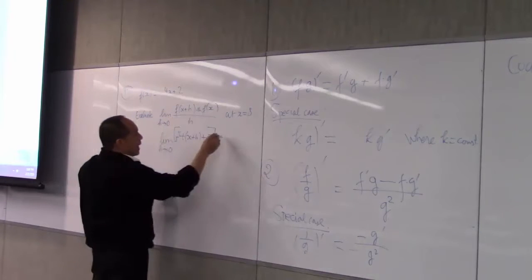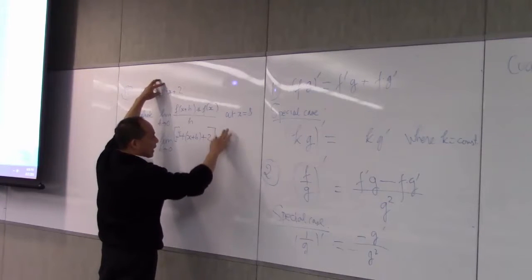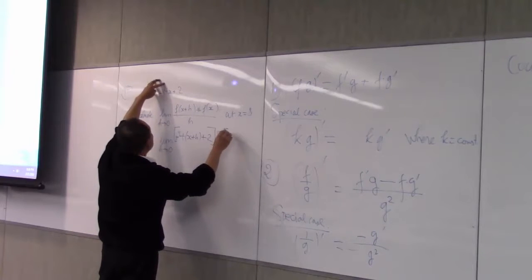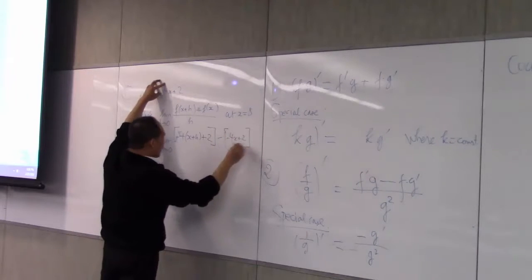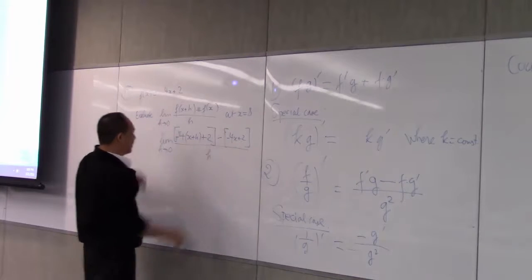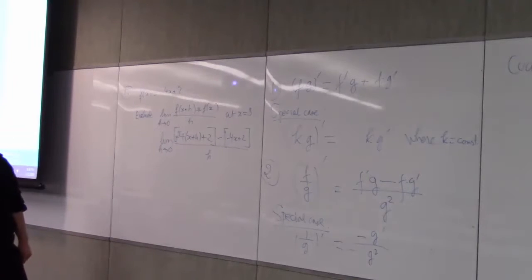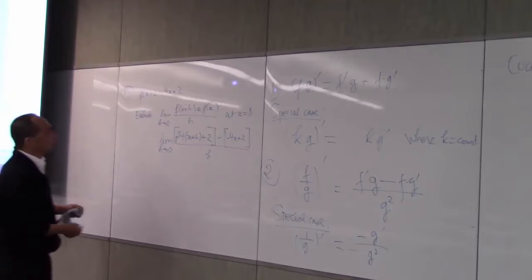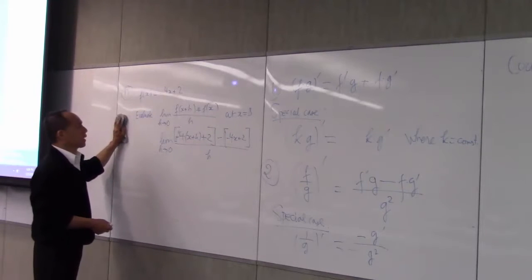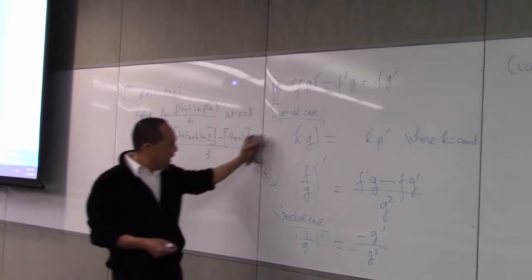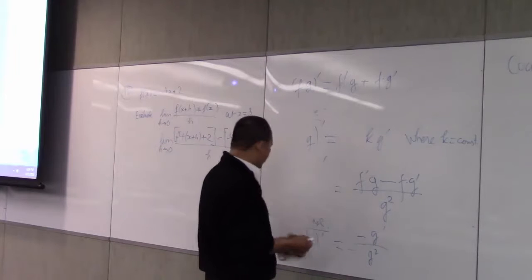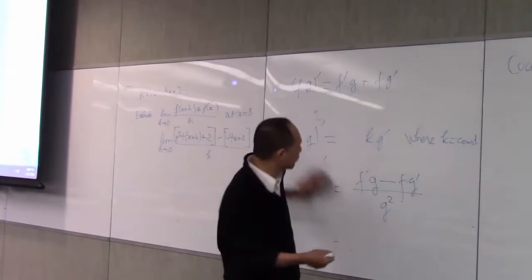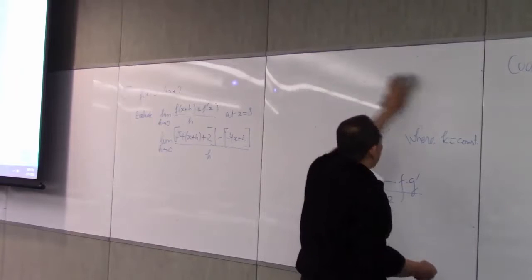Minus, this is negative 4x plus 2, all above h. Now you can have the formula, and after you plug in the x value, it's okay. Or you can plug in right away, it's okay.